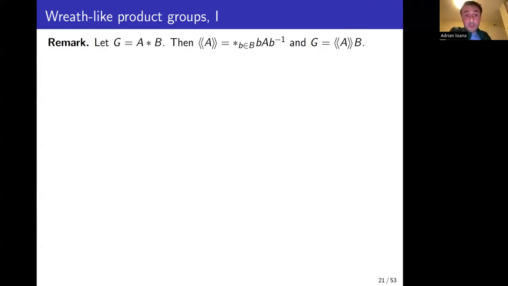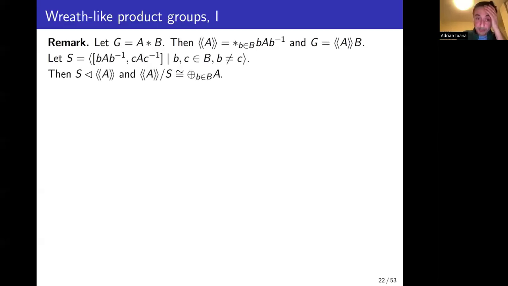Let G be the free product of two groups A and B. If you look at the normal closure of A in G, the smallest normal subgroup of G which contains A, you can see right away that it is simply a free product of conjugates of A, where the conjugates are done with elements of B. So it's a free product of bAb^{-1}, with b ranging in the second free factor B. And then you also notice that G is generated by the normal closure of A and B.